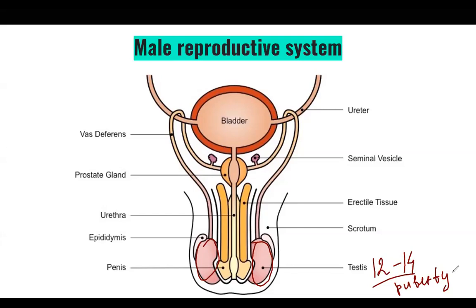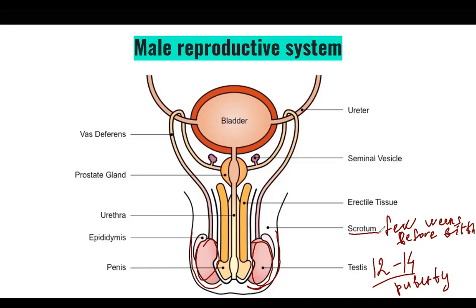A few weeks before birth, they descended out of the body cavity into a sac called scrotum.